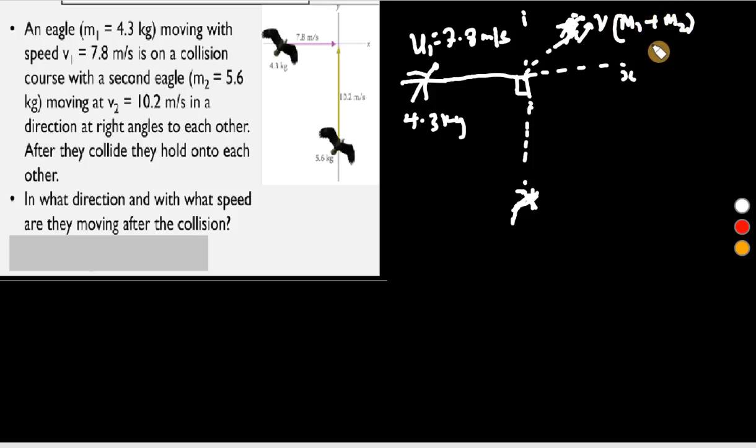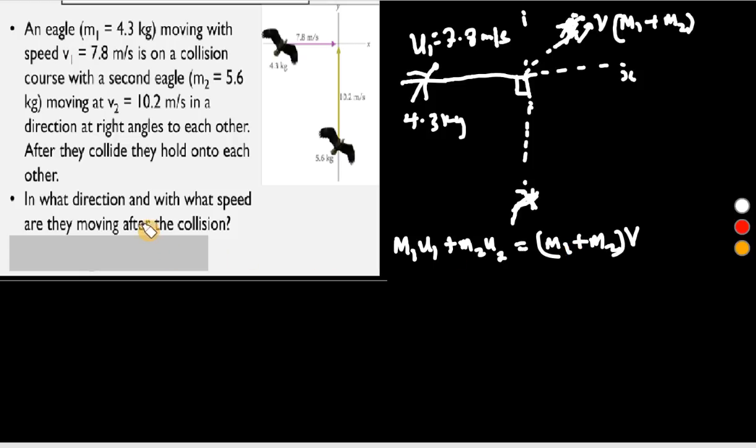This is the combined mass of the eagles. So from the conservation of momentum for inelastic collision, we know that m1u1 plus m2u2 equals m1 plus m2 all to what? V. Momentum is conserved in an inelastic collision.